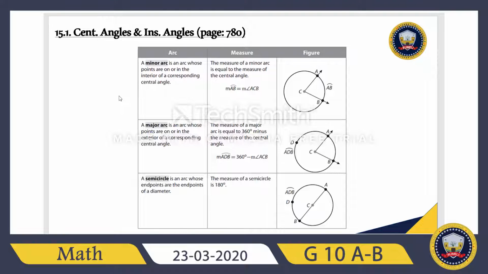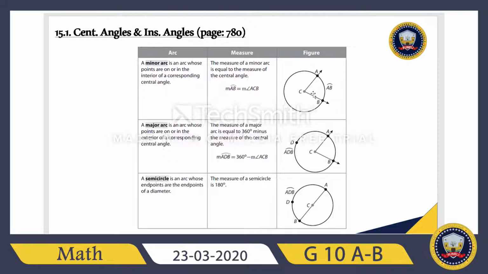Okay, talking about arcs, we have types of arcs. First, what is the arc? We call this AB, this curved line here, we call it arc. And notation for that, we write AB with a curved line on the top. This means the arc. All right. What is the measure of the arc?